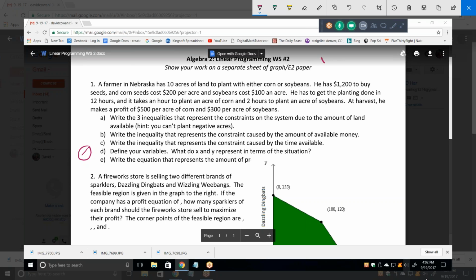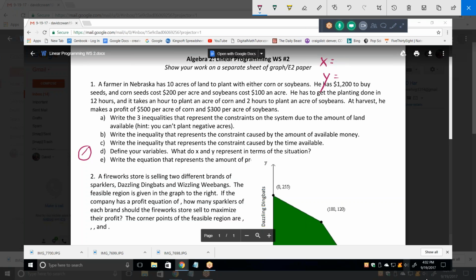So make X equal corn. Y equal... So X is corn and then Y is soybean? Yes, but you have to be a little more specific. The reason is that when you say corn, corn's got a lot going for it. Its seed costs $200 per acre.